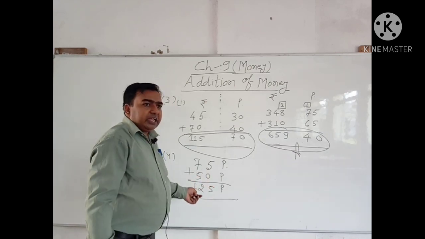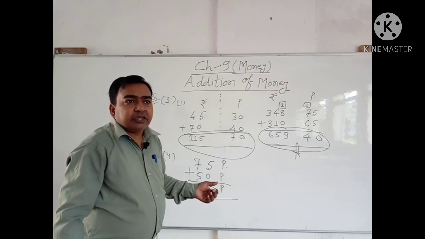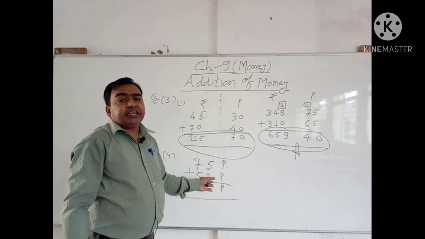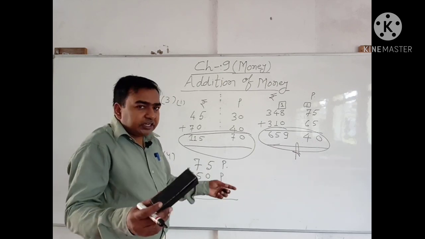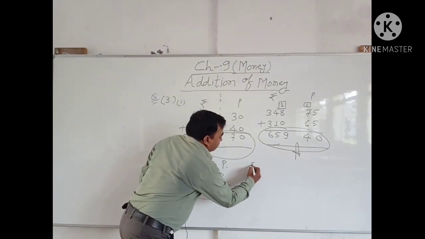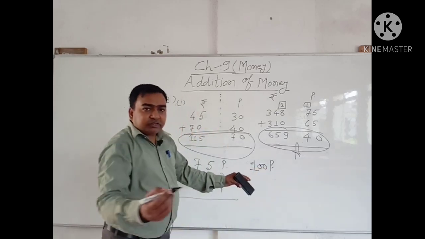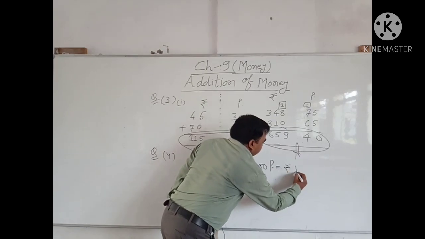We already know that if the answer is 100 paise or more than 100 paise, we can convert it into rupees. We know that 100 paise equal to 1 rupee. Yes or no?